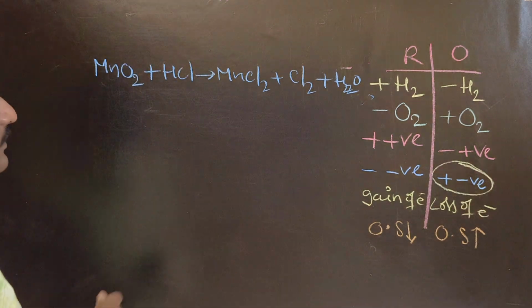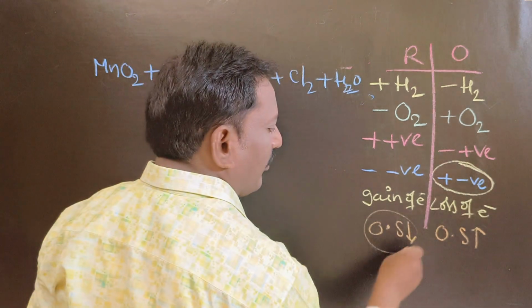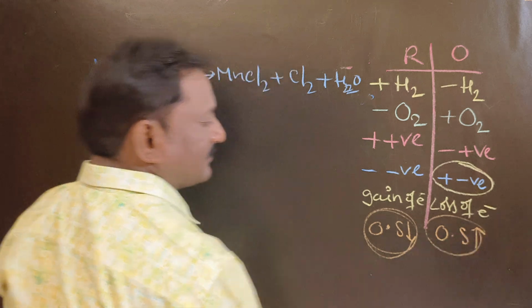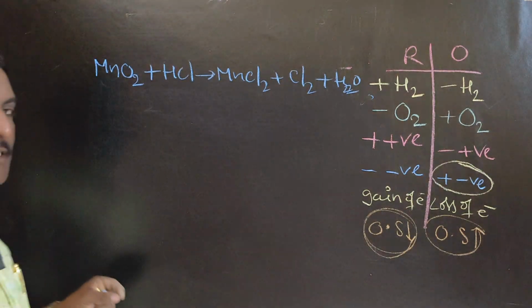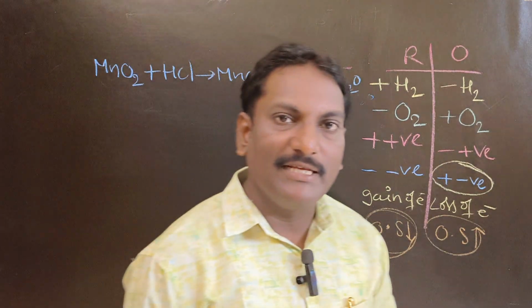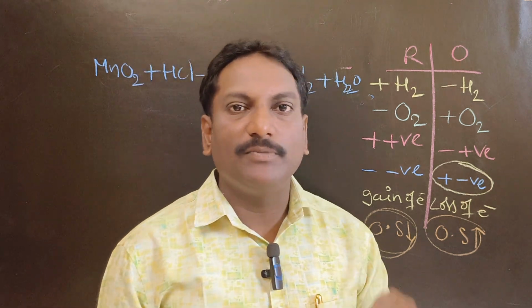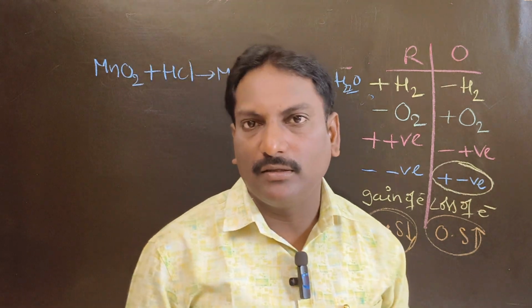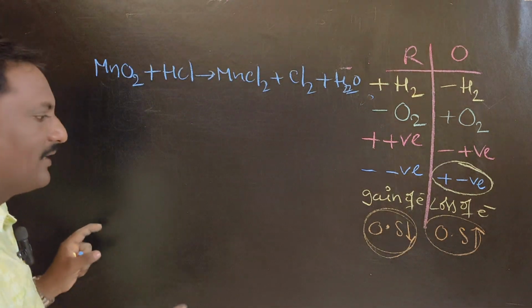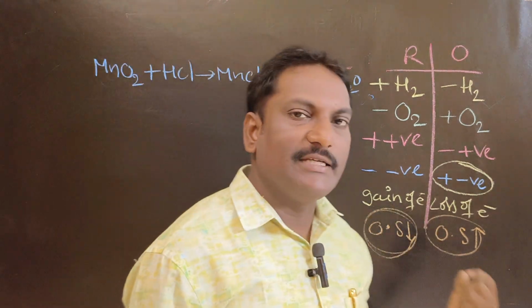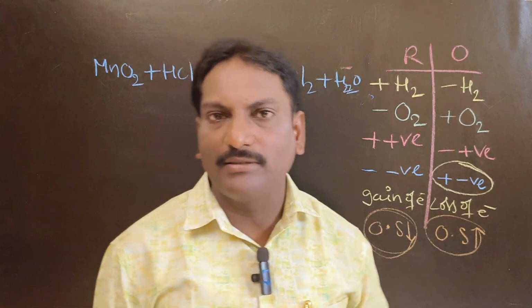Right. So here I am going to use the oxidation state concept. Listen to me. What is meant by oxidation state? Oxidation state means the charge present in the individual atom of the compound. You will get oxidation states or oxidation numbers in higher classes.